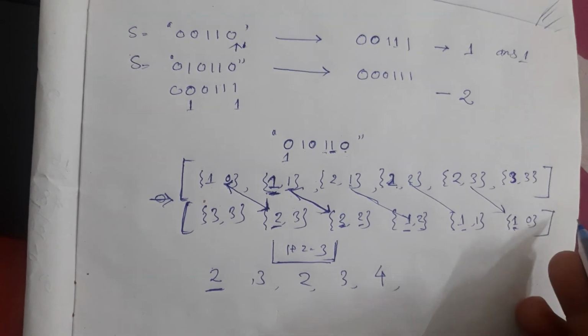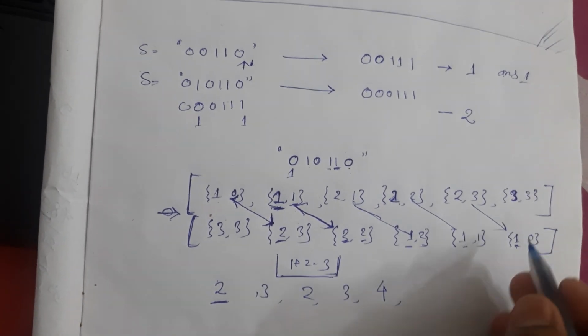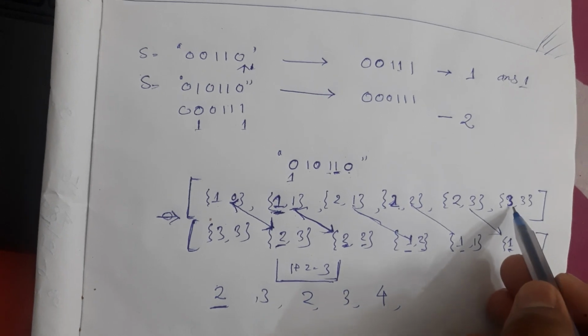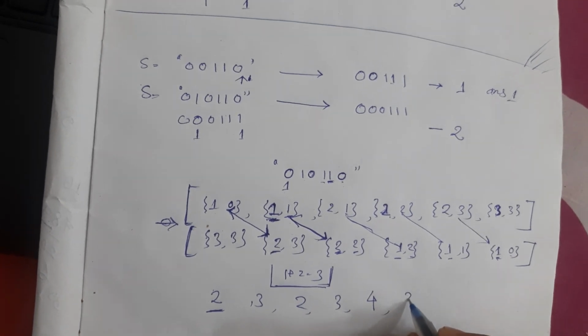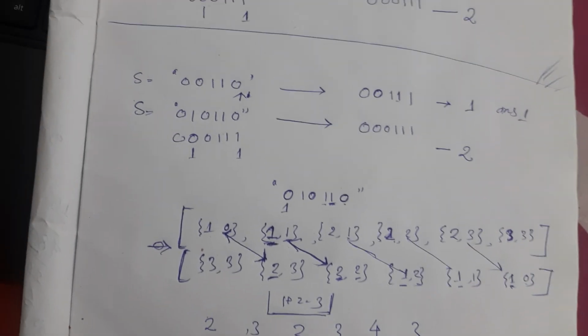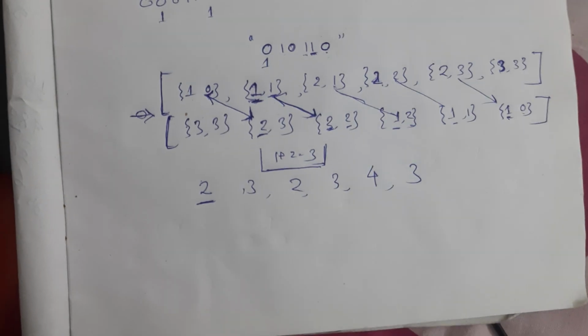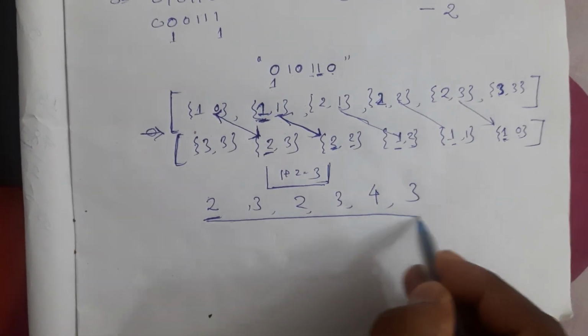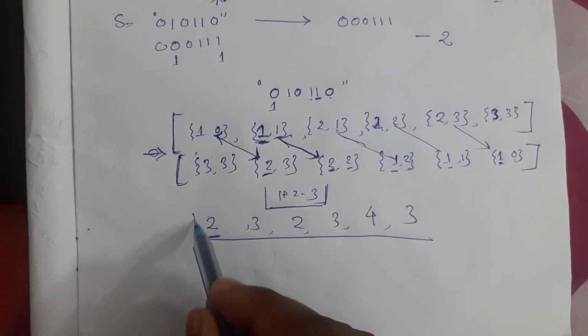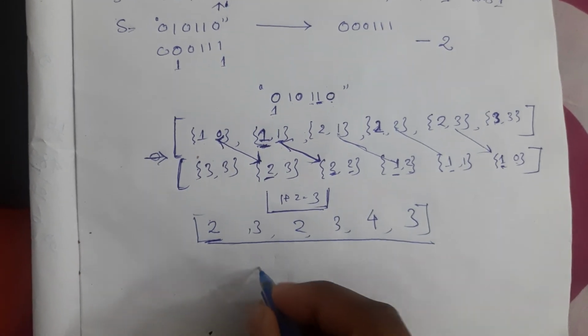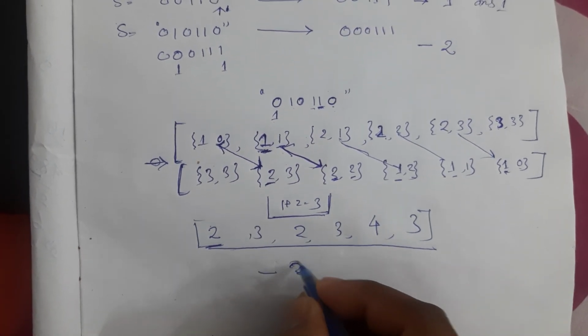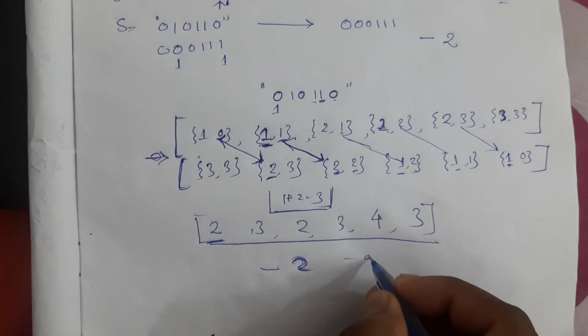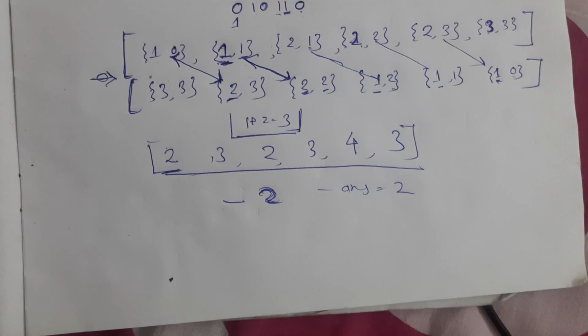And for the last index, it is the maximum of this, so it's 3. Now you need to find the minimum of these values, which is 2, and the answer is 2.